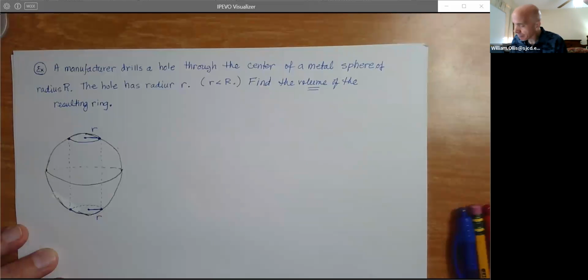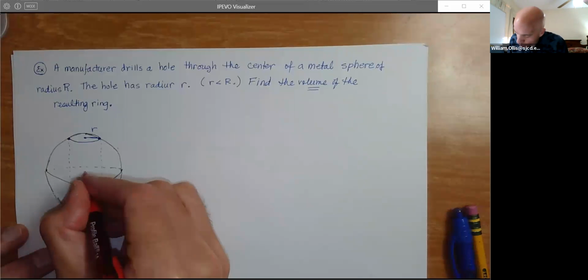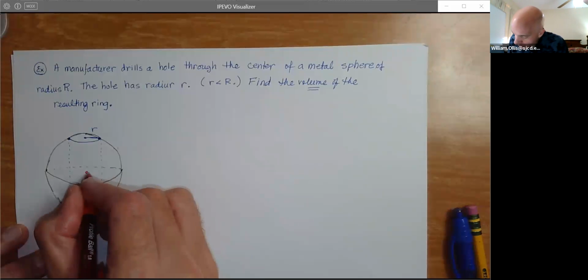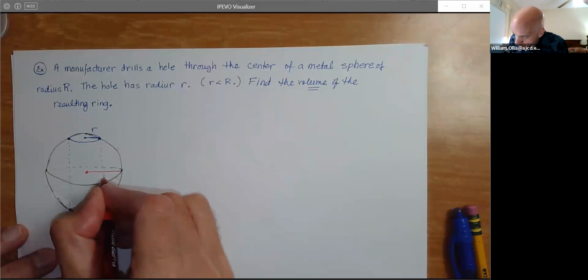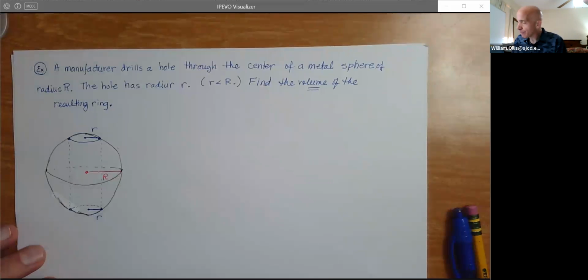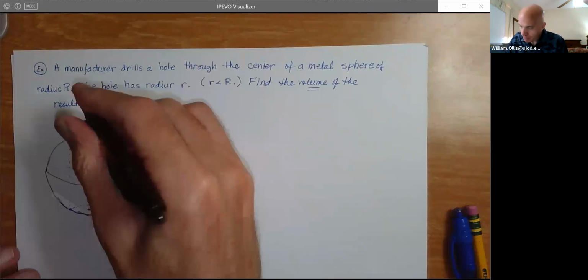Now, again, we're working with the center. So go ahead and eyeball the center and mark in the radius of the sphere, which is R. Now, what I'm going to do is impose some axes.